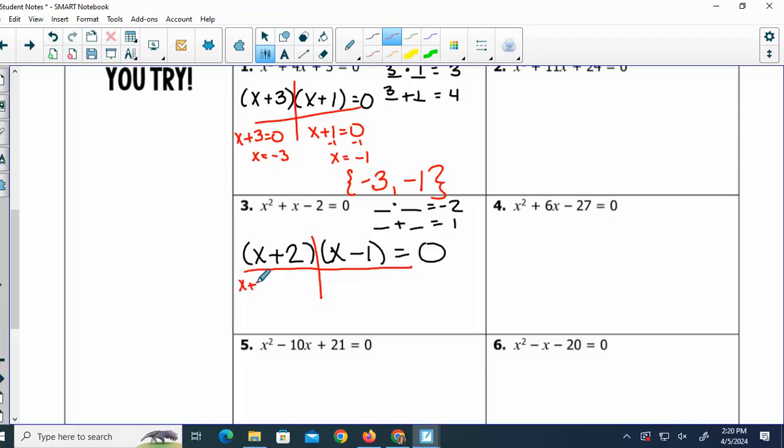What makes x plus 2 equal 0? If it's a -2. We set x minus 1 equal to 0. We have +1. So to write our answers, -2, +1.